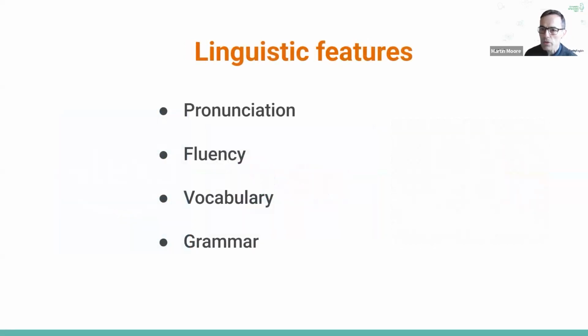So linguistic features, which the machine has to be trained on, these are very familiar to us. This is obviously what we'd expect to be training either a machine or a human on. So pronunciation, fluency, vocabulary, grammar. Laura showed us some of the descriptors from the CEFR. The machine has to go about this in a way which it can have some objective measures that can assign a numeric value to.